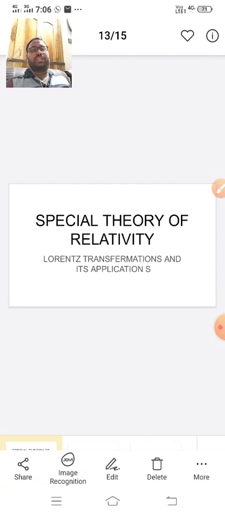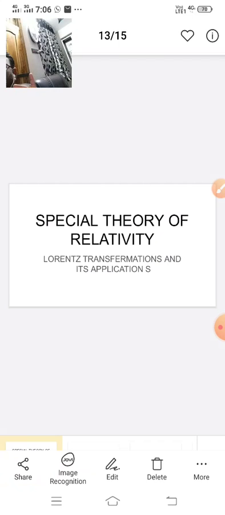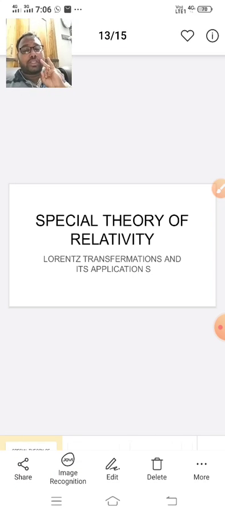This one is the special theory of relativity: inertial frames and non-inertial frames. What are inertial frames? Frames which obey Newton's laws are called inertial frames. Frames which don't obey Newton's laws are called non-inertial frames. The special theory of relativity has two postulates.